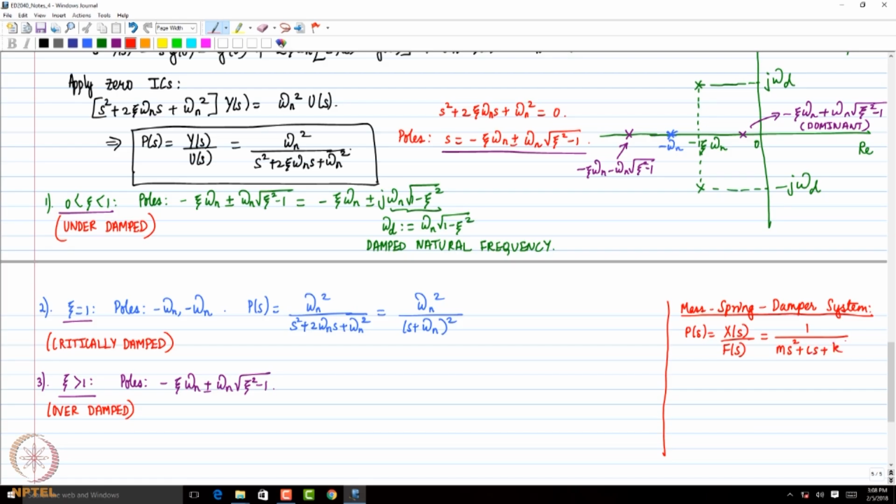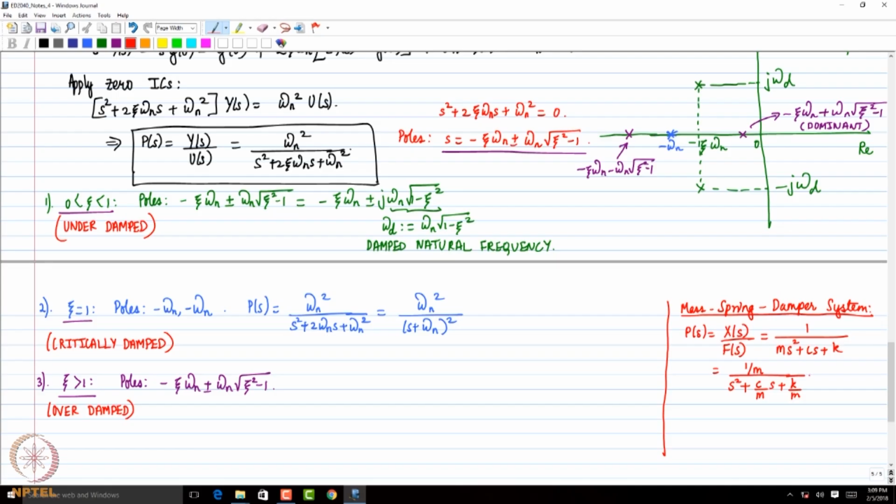If you want to bring it to the same form as the Planck transfer function that we have derived, let's divide both the numerator and denominator by m. This will give us 1 by m divided by s squared plus c by m s plus k by m.